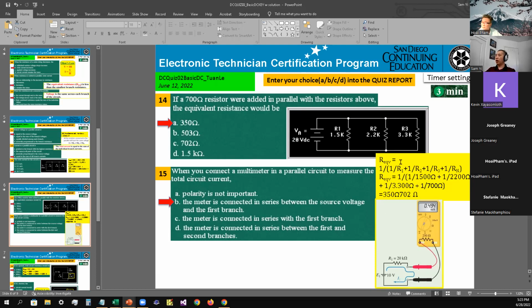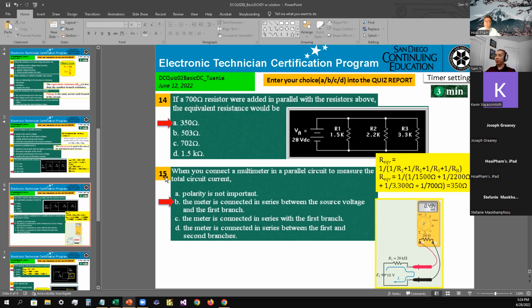So R equivalent is equal to 1 divided by the quantity 1 over R1 plus 1 over R2 plus 1 over R3 plus 1 over the new resistor. Put it in the calculator and the sum total comes to 350 ohms. So the answer is A as in apple for number 14.